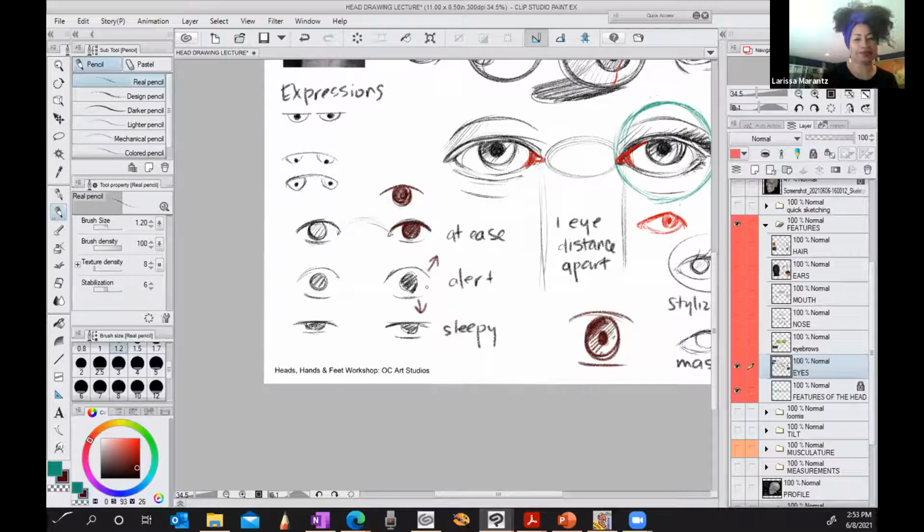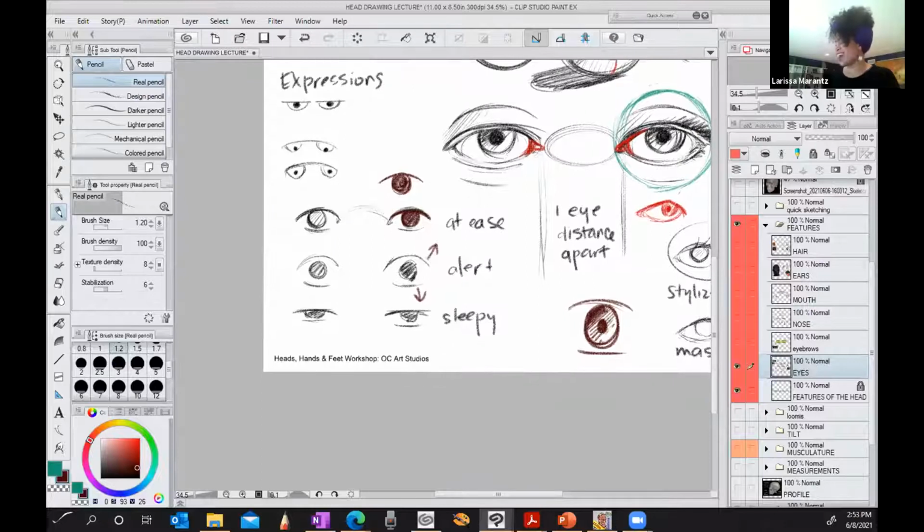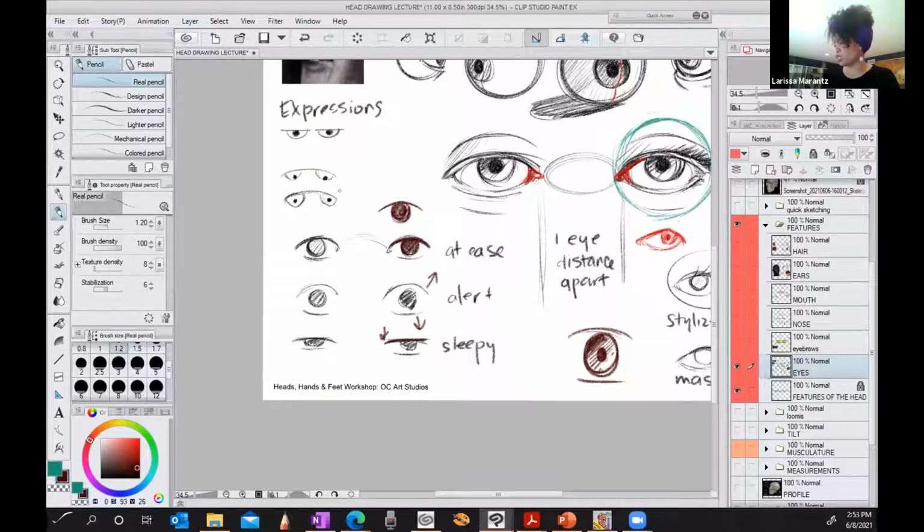When you're sleepy, and some of you may be sleepy right now, the eyelids kind of come down and you get this halfway point, like the emoji with little dots right here. When the eyelids cover half or more of the iris, that's the sleepy look.